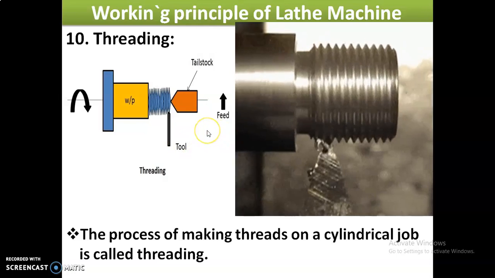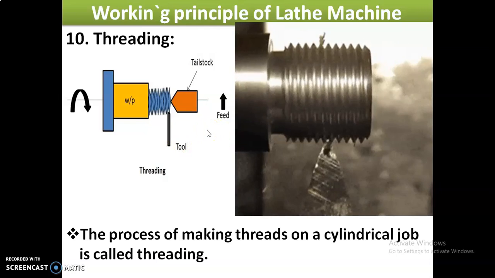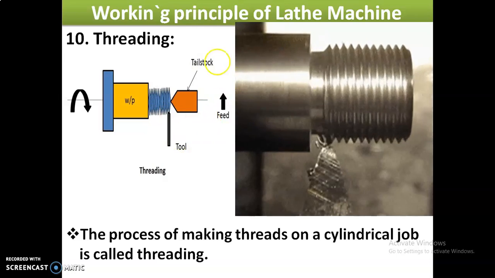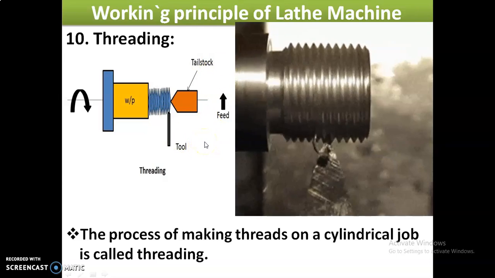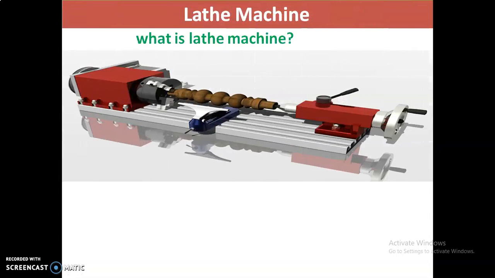I hope you understand about the various operations performed on the lathe machine. Once again, see the lathe machine definition. What does lathe machine mean? A machine which is used to remove the unwanted material from the workpiece in the form of chips to get the required shape and size of the workpiece.